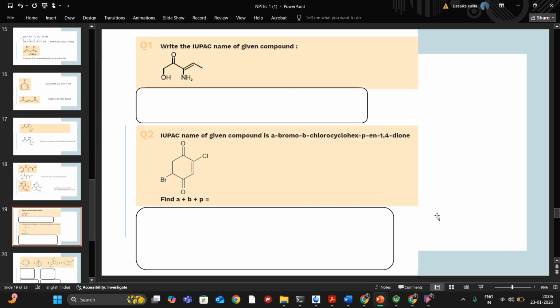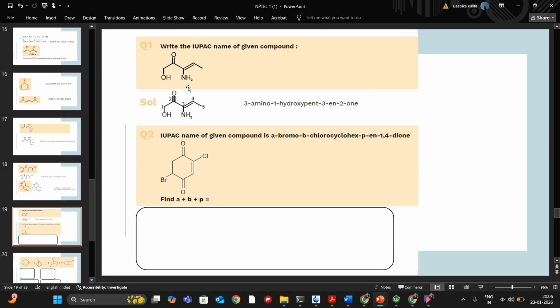So let us move to some more such examples where we will have multiple functional groups. In the first example, if you look at, it is having an alcohol, a keto, and an amine functionality. As we know that out of these 3 functional groups, the carbonyl group will again always have a higher priority in comparison to hydroxyl group or amino group.